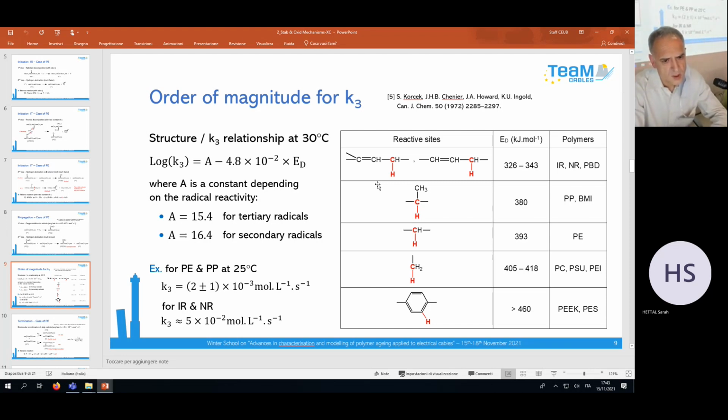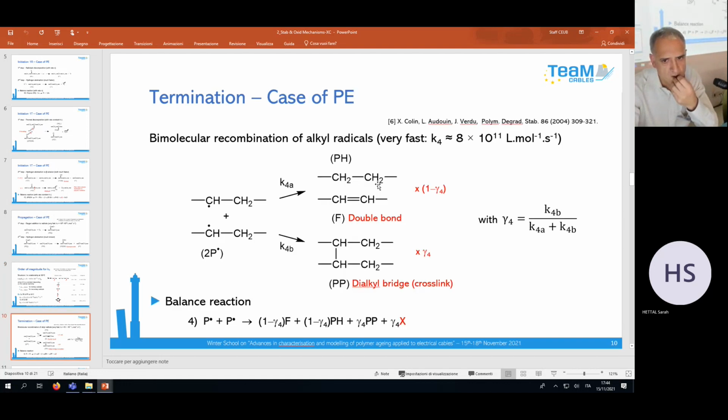Okay. I have another question related to the termination reactions. You said that there are two possibilities. Is there a way to understand which one of the two is predominant, or does it just depend? In general, in the literature, the disproportionation is faster than the coupling. It is a general rule.